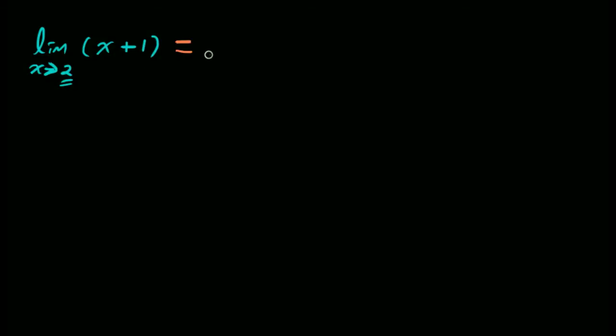And we can rewrite this and distribute our limit operator as the limit as x approaches 2 of the function x, plus the limit as x approaches 2 of the function 1.